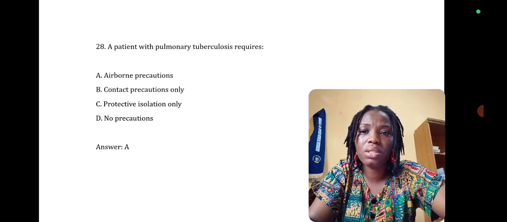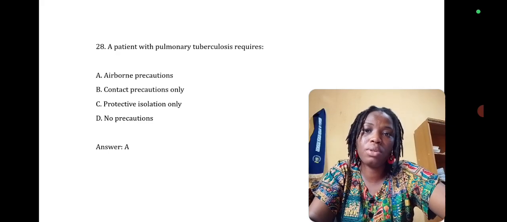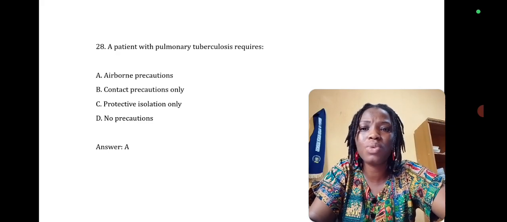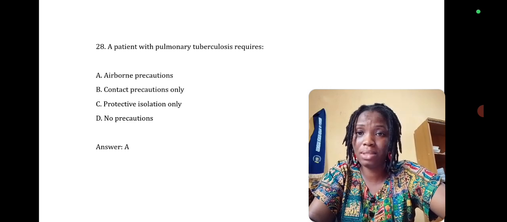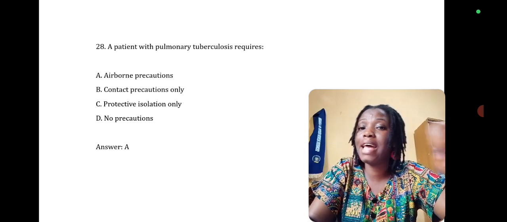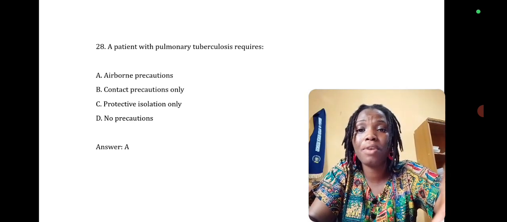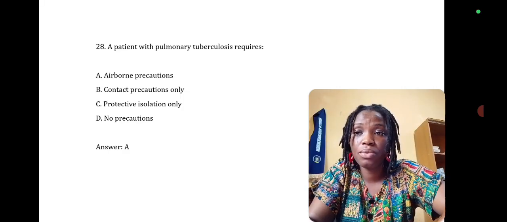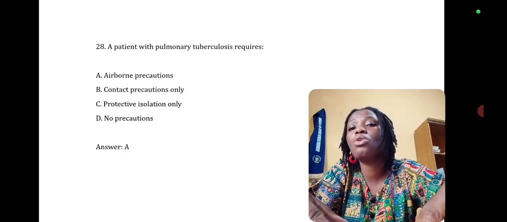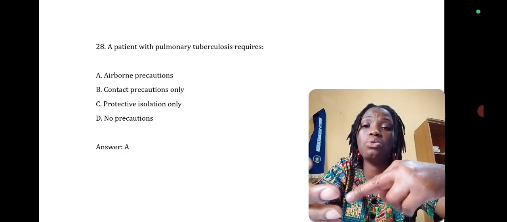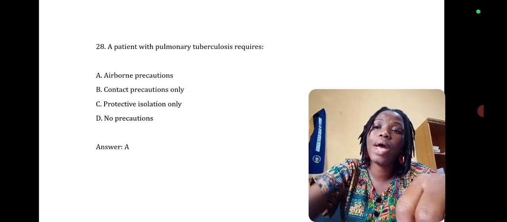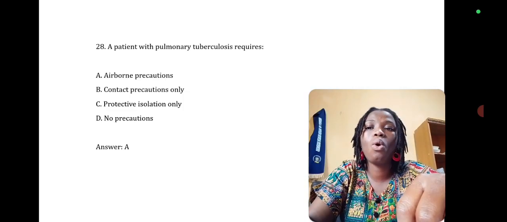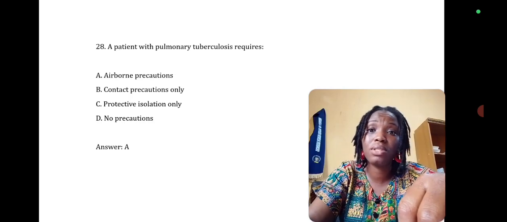Mycobacterium tuberculosis is not like droplets that you can see. It moves like vapor, and anything like vapor is airborne. Airborne precaution has to do with wearing masks, not staying in overcrowded areas, etc. So airborne precaution is used for pulmonary tuberculosis patients.